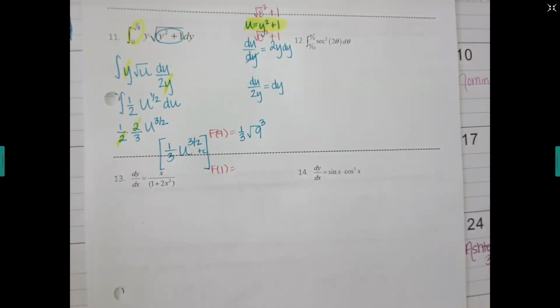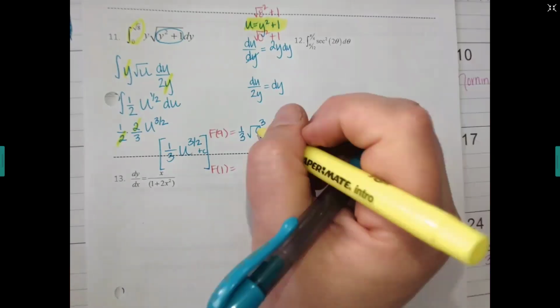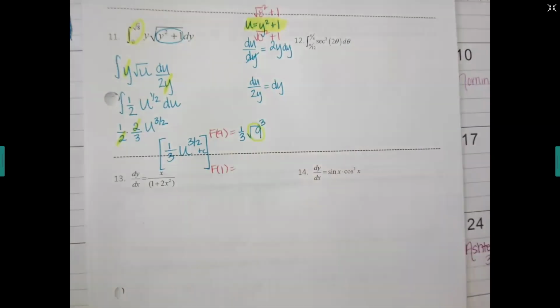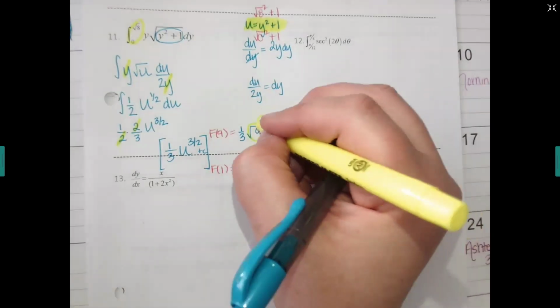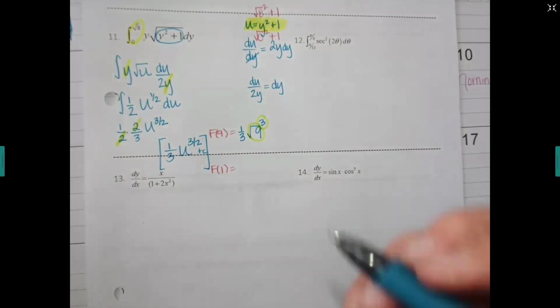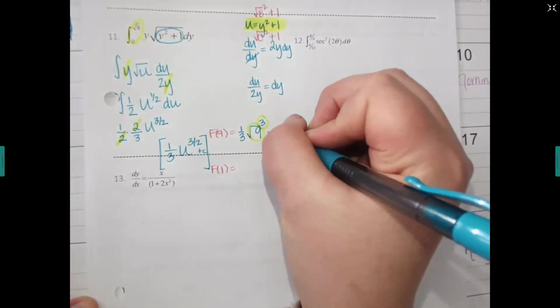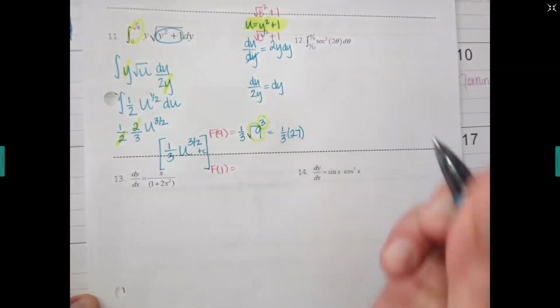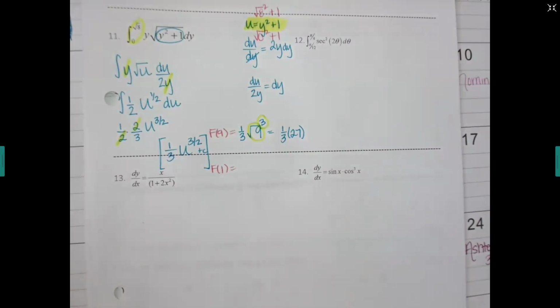So to keep our numbers small, let's square root first. What is the square root of 9? 3. What is 3 cubed? So I have a third of 27. Okay, now I know that can divide, but just leave it. Okay, on the bottom, we're plugging in a 1.